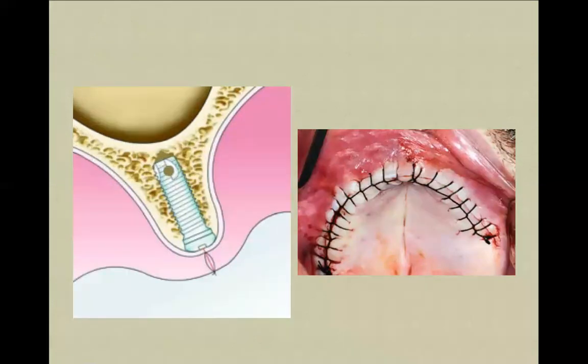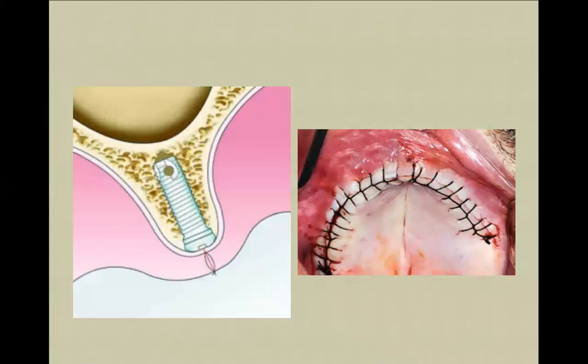For making our suturing, again, on the maxilla, I like it very much. I like to place a continuous locking suture. It works well on the maxilla. Perfect results, usually no complications, and it's very comfortable for the patients.